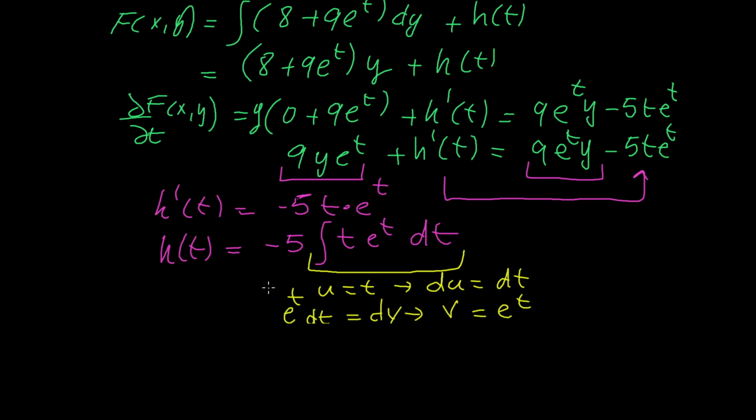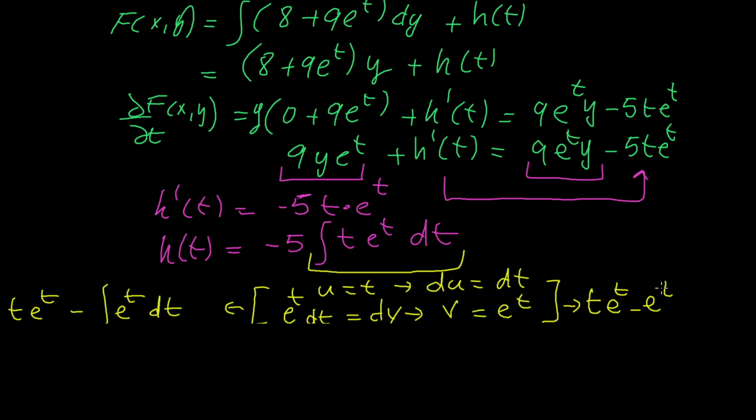So now from here you're going to need to do uv, which is t e^t, minus the integral of v du, right? And that's e^t, right? So now we can see that this integral by itself is t e^t minus e^t. So it's negative 5 times this.